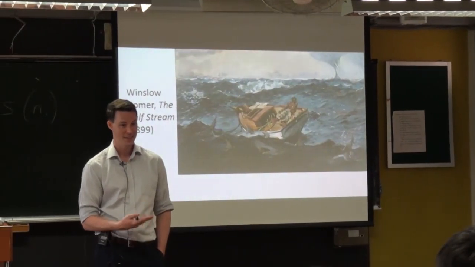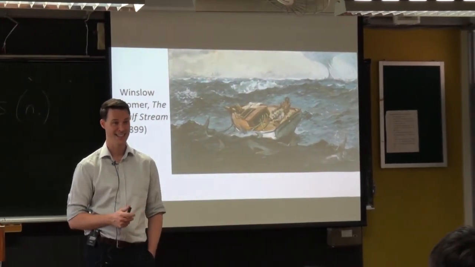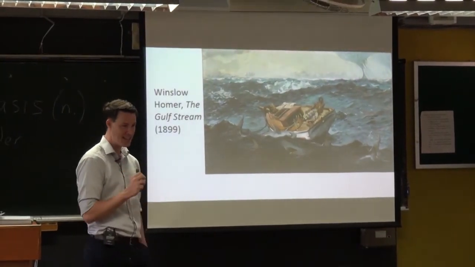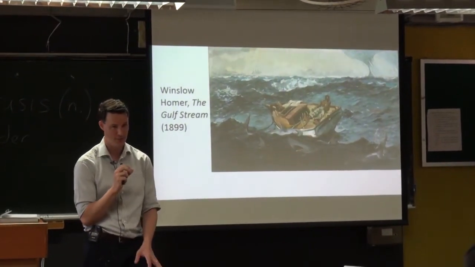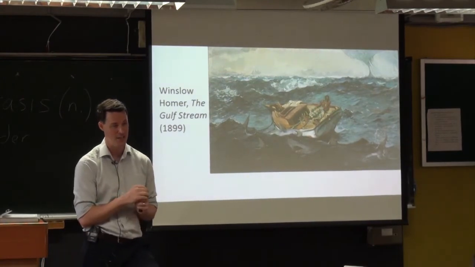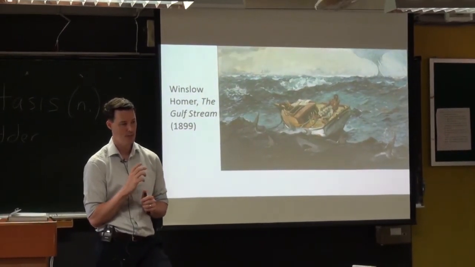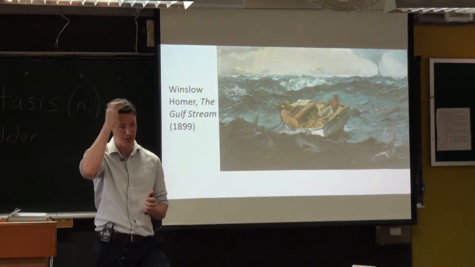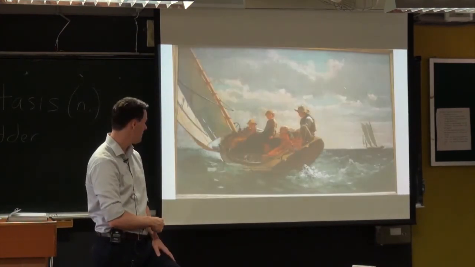Like if he falls in the water, he's going to die. There's other hints or little tiny details in this painting that also suggest lack of safety or danger, especially when you compare it to this painting.